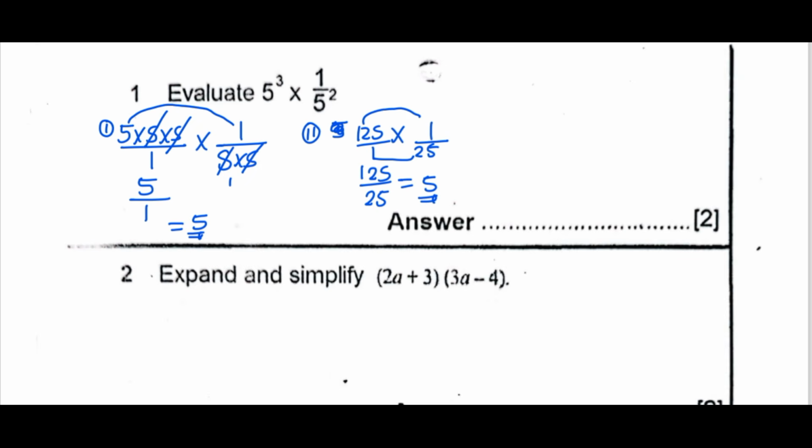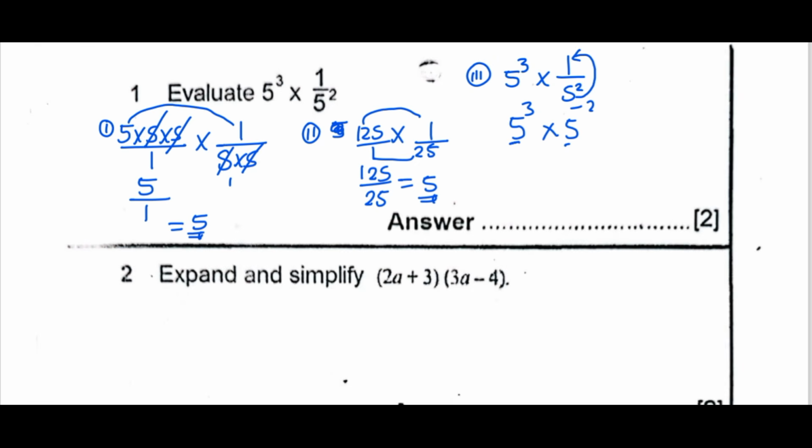Then the third way in which we can evaluate a question like this one: say 5 raised to the power 3 times 5 to the power negative 2. This time we are going to move the 5 to the top, so the power will change from positive to negative.